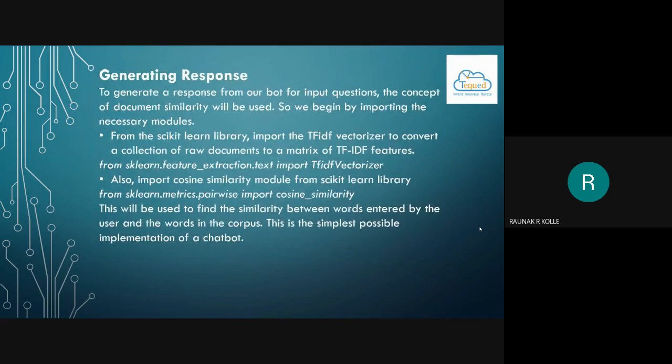Generating the response. To generate a response from our bot for the input questions, the concept of document similarity will be used. So we begin by importing the necessary modules. The first one will be the scikit-learn library, and we will import the TF-IDF vectorizer to convert a collection of raw documents to a matrix of TF-IDF features.